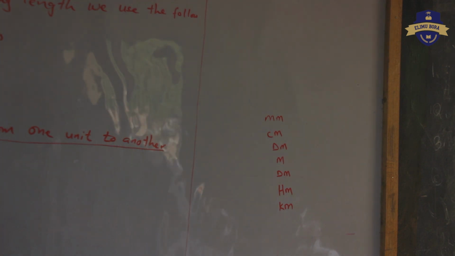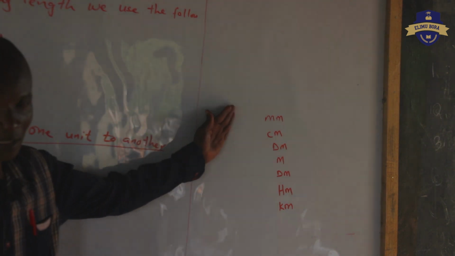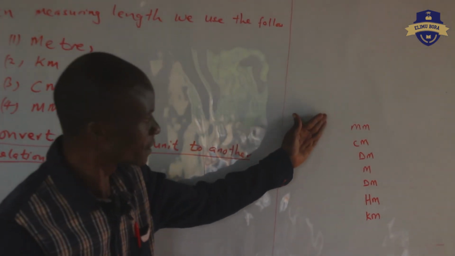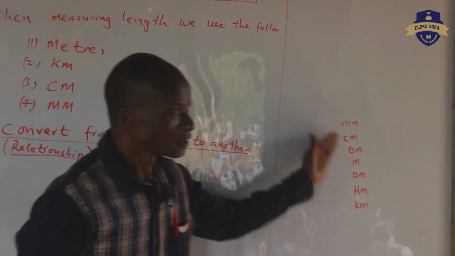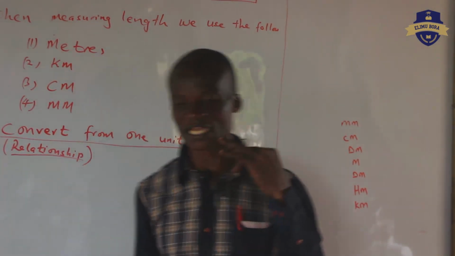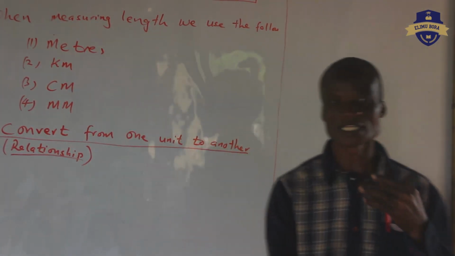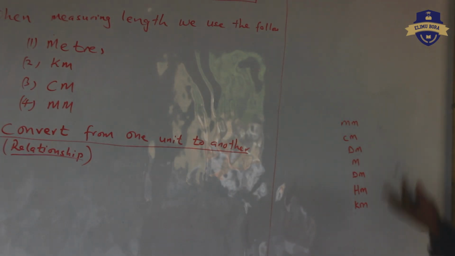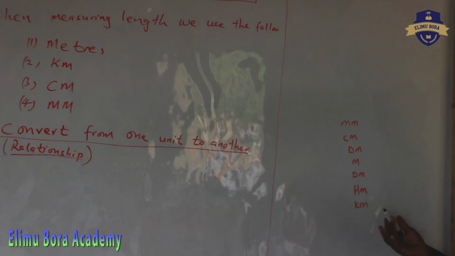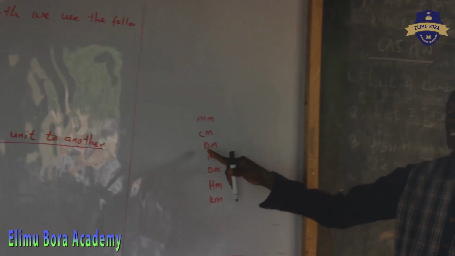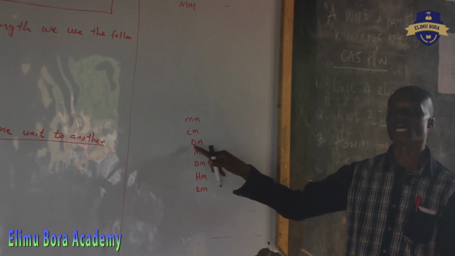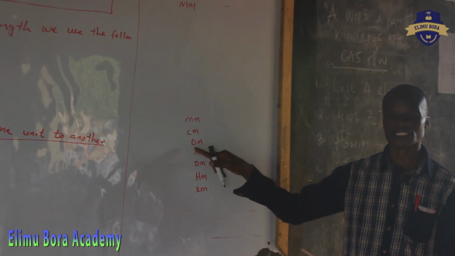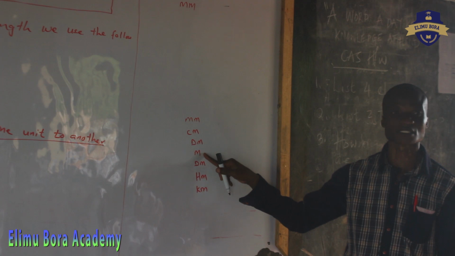Is she right? Is she right, class? Somebody is saying no. Who is saying no? One person saying no. What mistake is there? There's a mistake here. Which mistake? When you say tachometer, is tachometer smaller than meters?